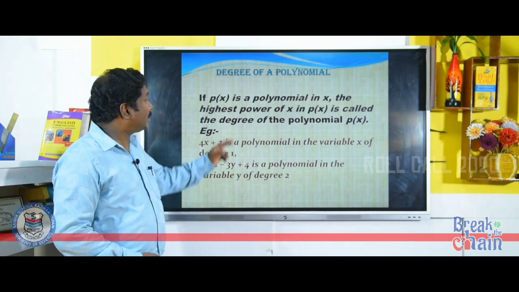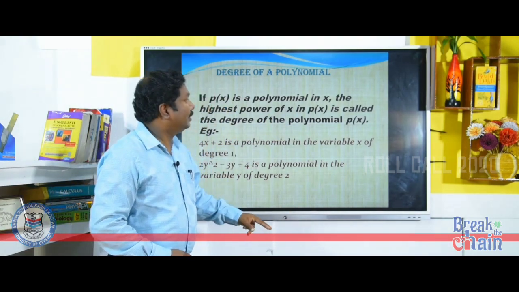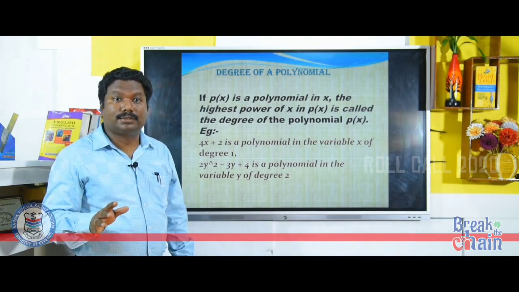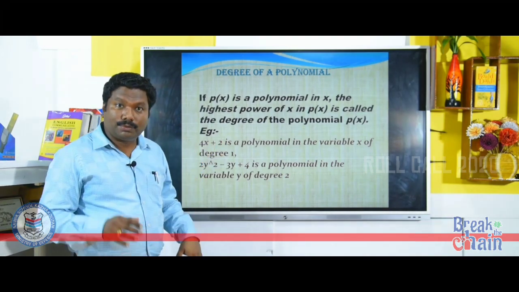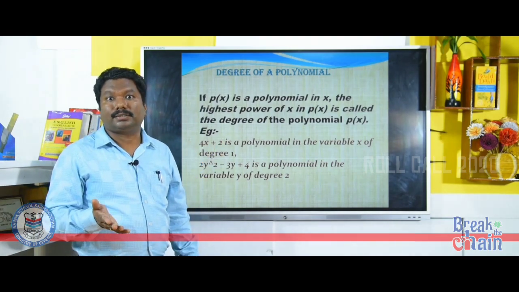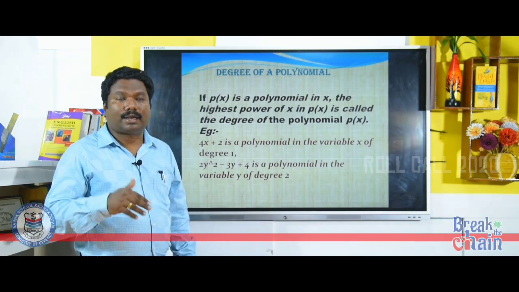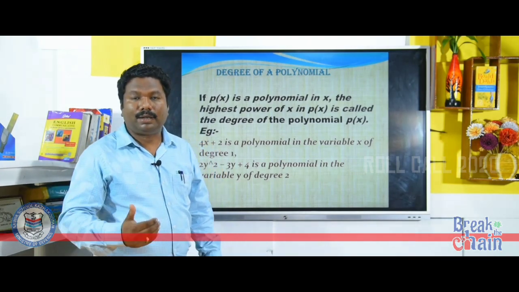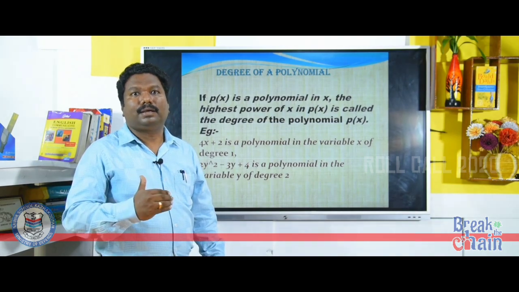If p of x is a polynomial in x, the highest power of x in p of x is called the degree of the polynomial p of x. For example, here 4x plus 2, its degree is 1. That means it is a linear polynomial. So we can conclude that the degree of a polynomial is the highest power of the variable in that polynomial.